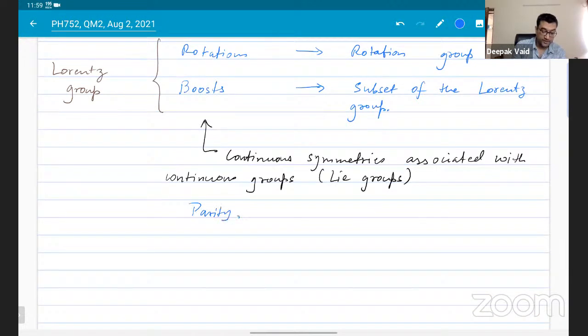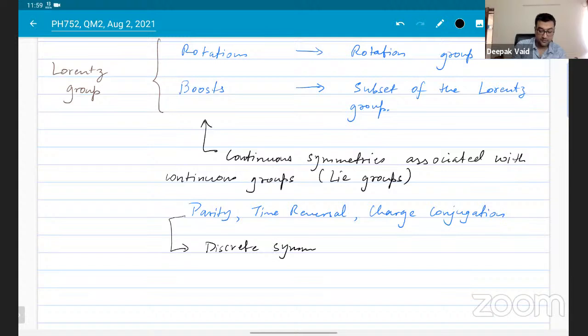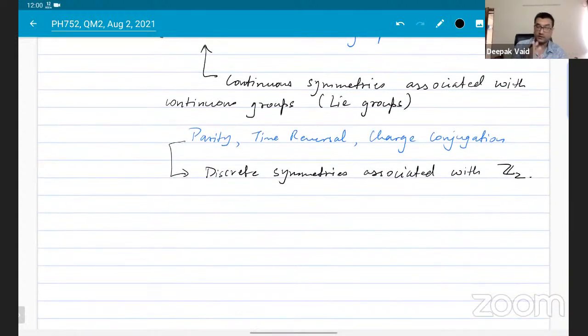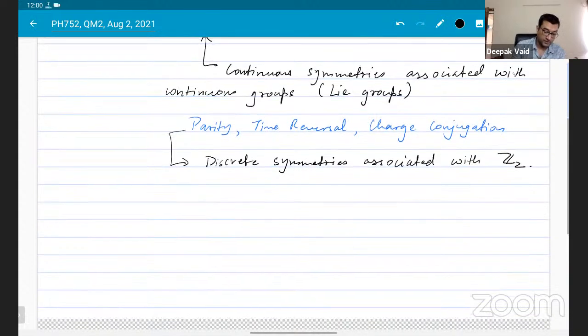So you have parity, time reversal, charge conjugation, and all three of these are discrete symmetries, and the group associated with all of them is called Z2, or Z2 if you prefer the Indian pronunciation.